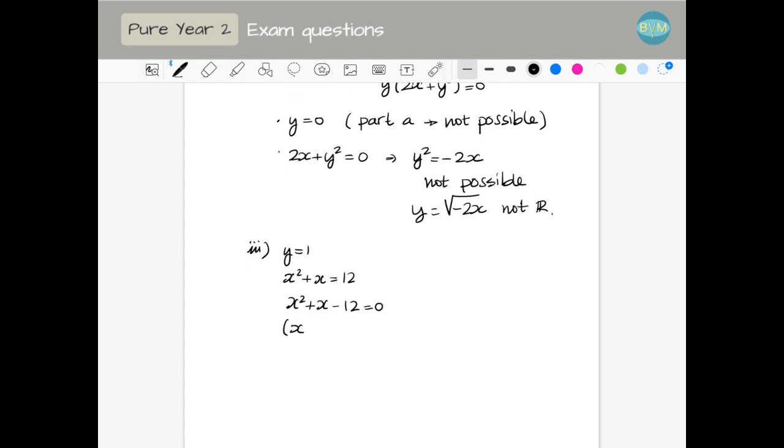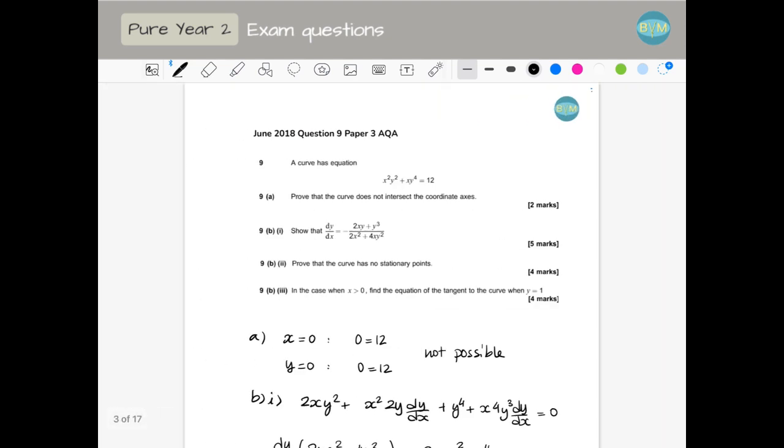So if I factorize, I have (x minus 3)(x plus 4). So one solution is x equals 3, and the other one is x equals minus 4. But they say use the positive one. So when x is positive, that's the point, and now I need the gradient.